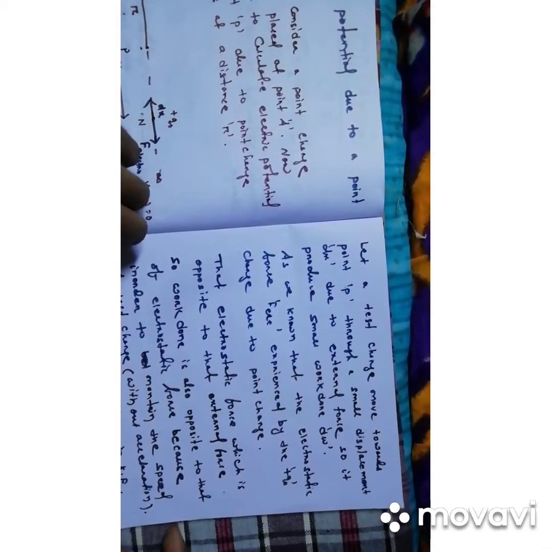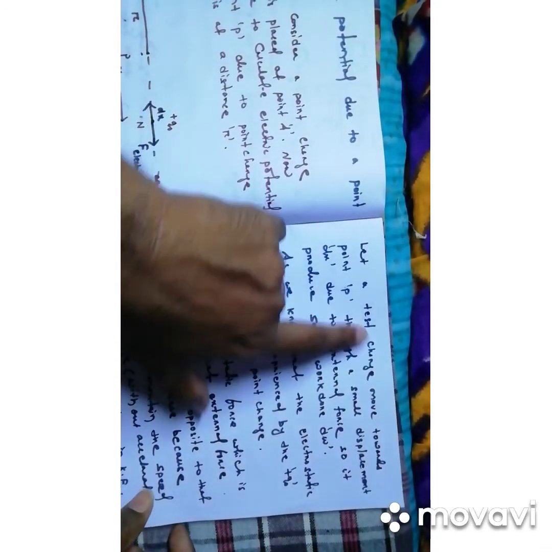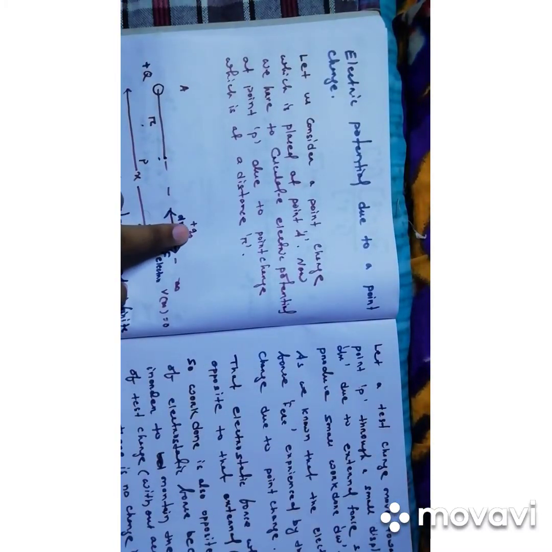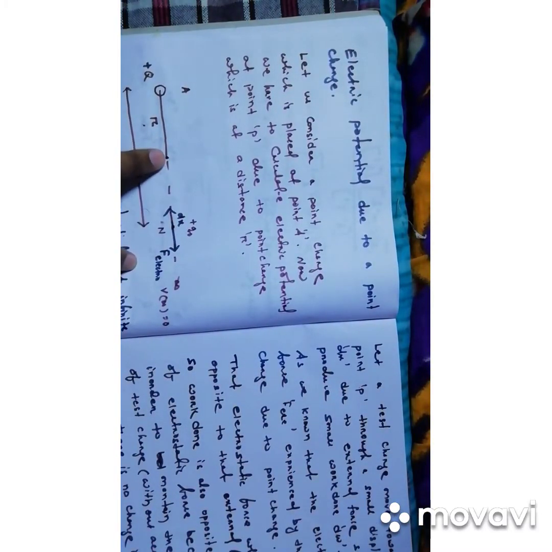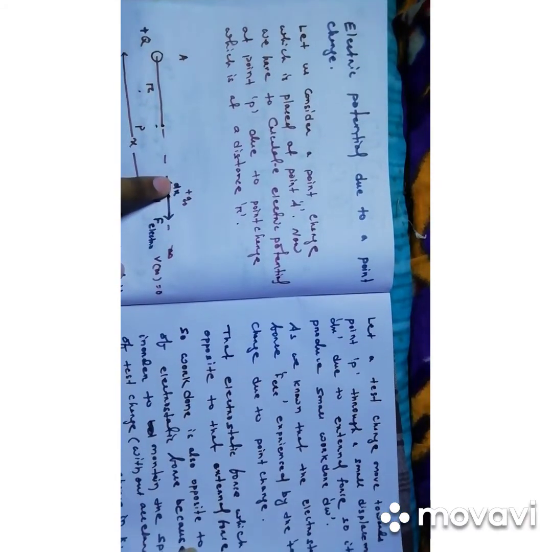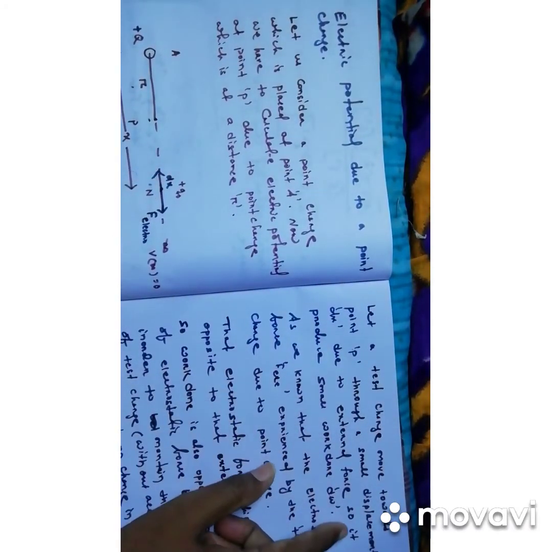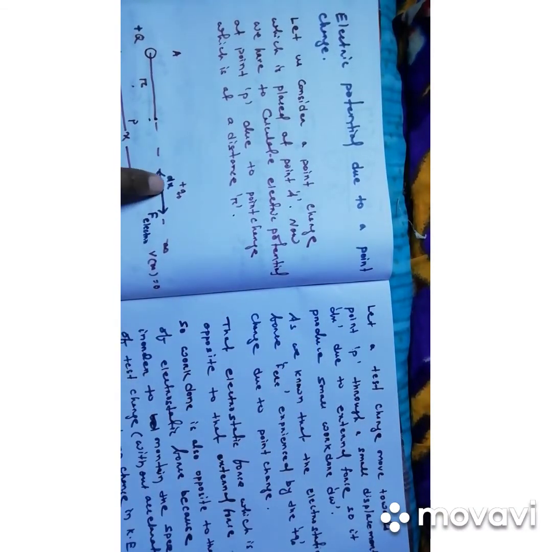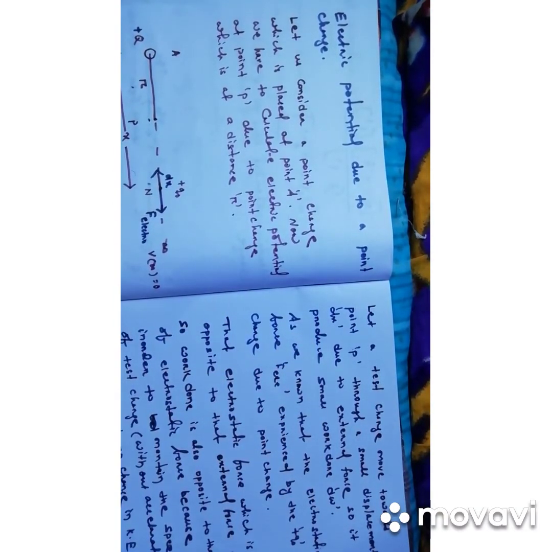Now let the test charge move toward the point P. This is the test charge, which moves toward the point P, through a small displacement dx. So it produces a small work done dW.